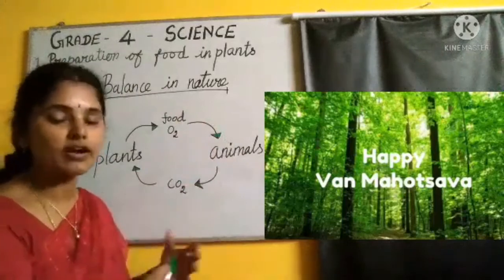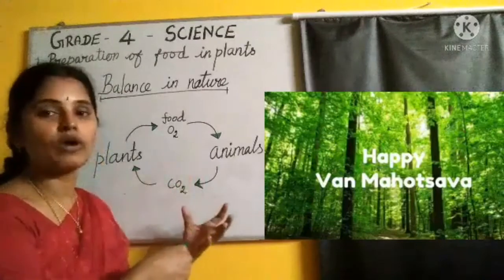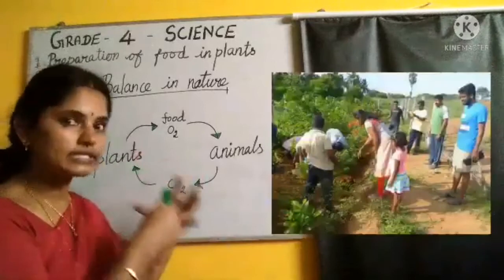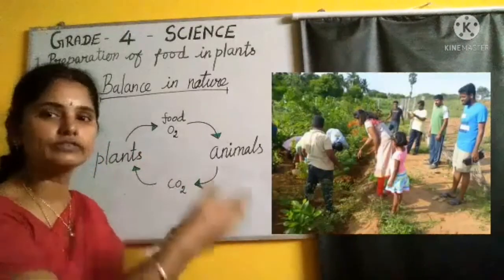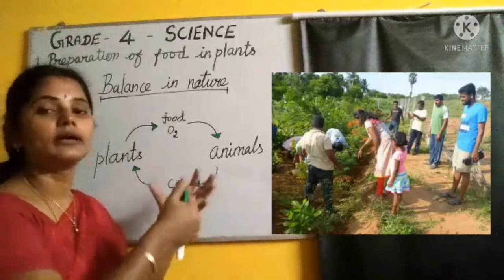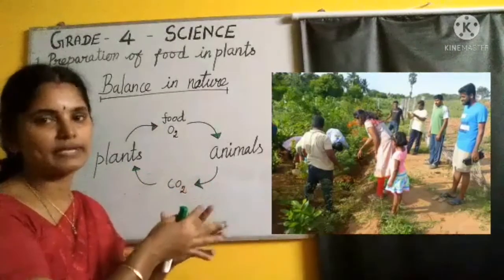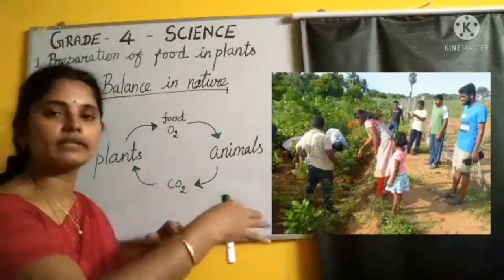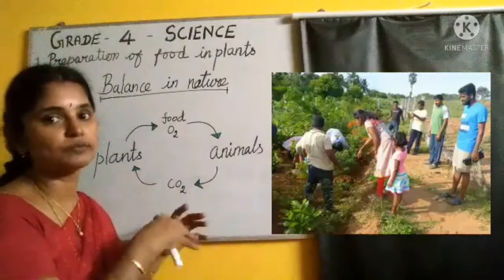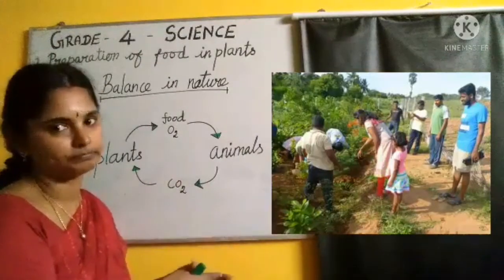Wherever places are available, the government is providing this program. During this program, the government supplies more tree saplings, and people plant them in their garden or on the roadside, like that. So this program we call the Van Mahotsav program.